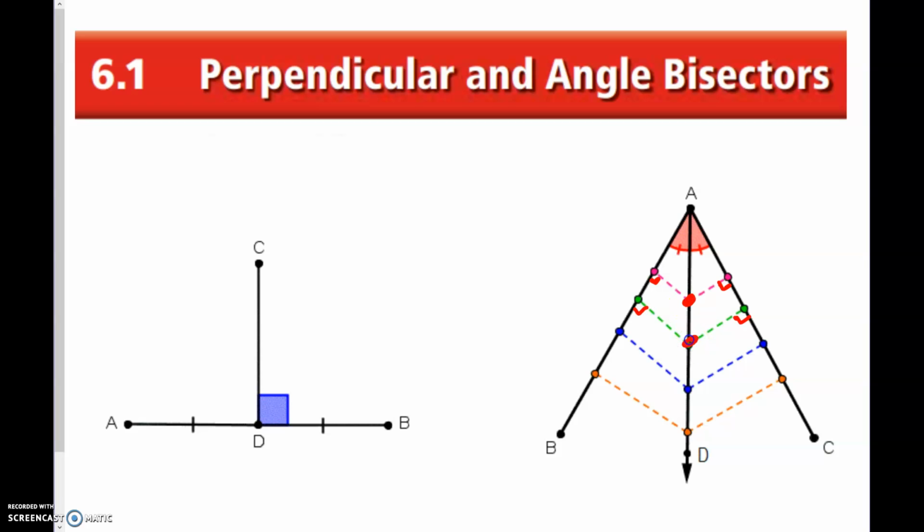So any point on the angle bisector is equidistant to the sides. And remember, when we're talking about this distance, it's always the shortest distance at a right angle. So it's not talking about from this point right here comparing to this one, because this one is not at a right angle. So it's from whatever that point is at that right angle.